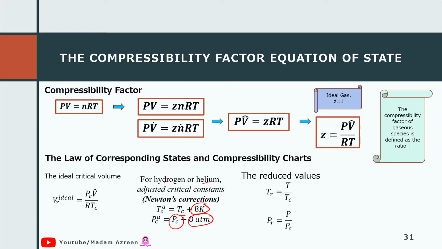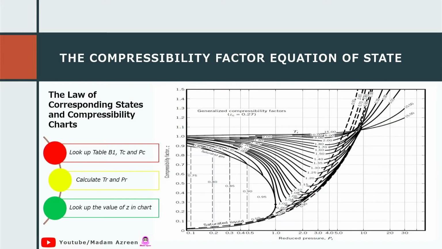And then you have to calculate your reduced values, which are TR and PR, by using this equation. Okay, and then the value of Z can be determined from this chart. This is called the generalized compressibility factor chart. So these are the steps you need to do.